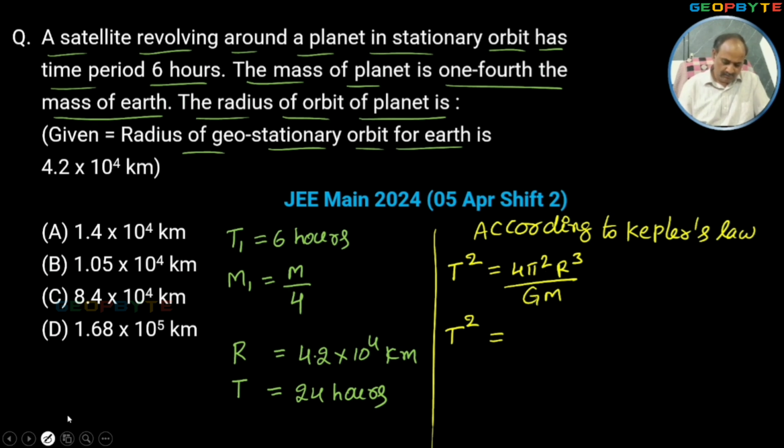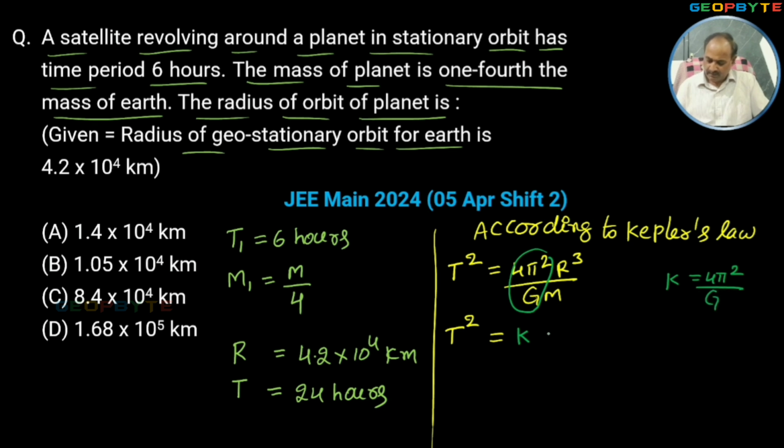This entire part is taken as a constant k, where k equals 4 pi square by G, into r cube divided by M. From this I can say that T1 square equals constant k into r1 cube by M1, and T square equals k r cube by M.